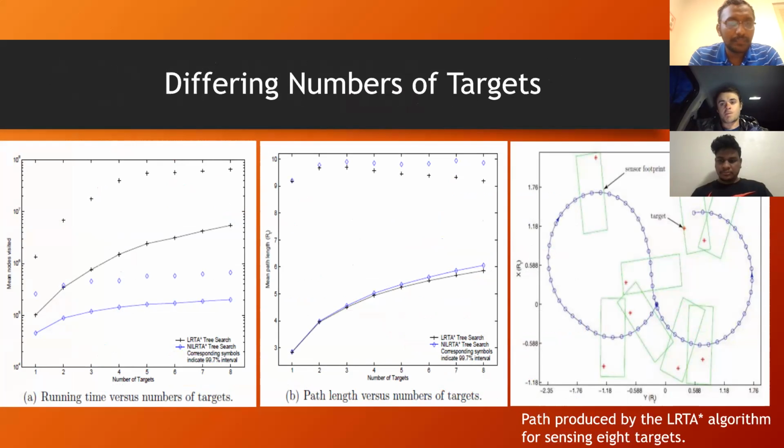When the number of targets increases, the LRTA search algorithm goes through more nodes compared to the NI-LRTA. Whereas if we take mean path length, the LRTA search algorithm has a shorter path compared to its counterpart.